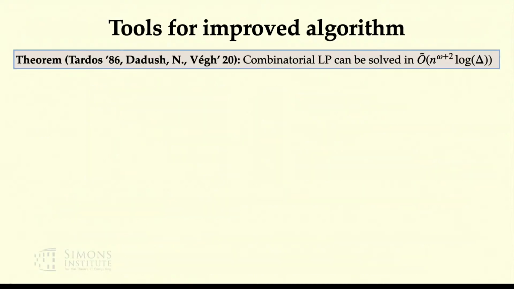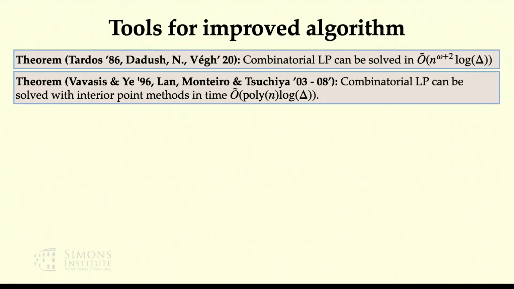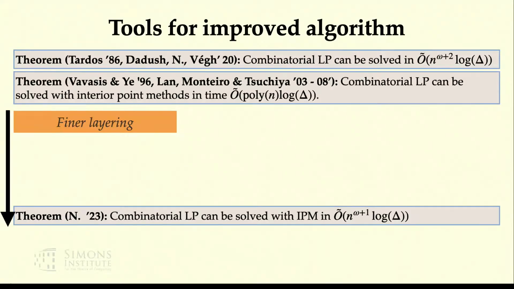So let me summarize. Following Tardos's framework in '86, we found a combinatorial algorithm that runs in the omega plus 2. It turns out that Vavasis and Ye and follow-up works showed that with an IPM, you can achieve, again, polynomial running time, however, not very efficient. And the new result is that you can actually get this down to the best known running time for exact LP for combinatorial linear programs.